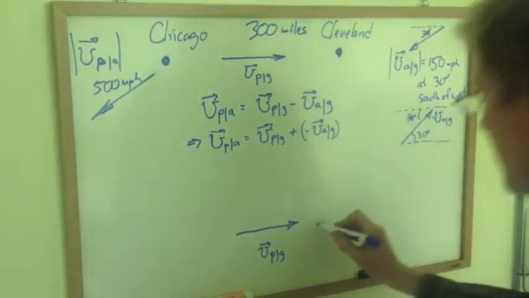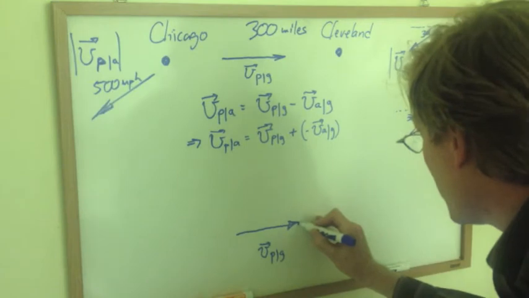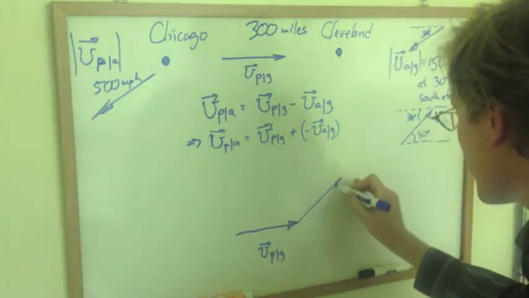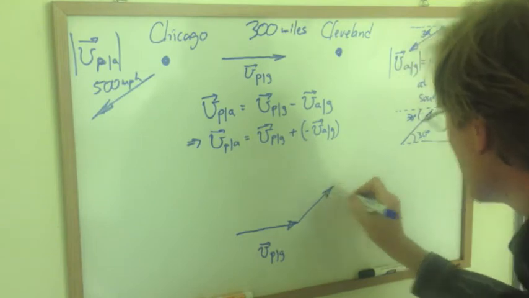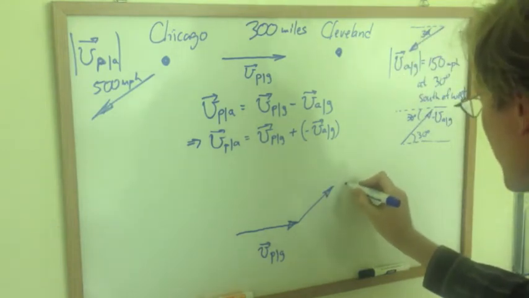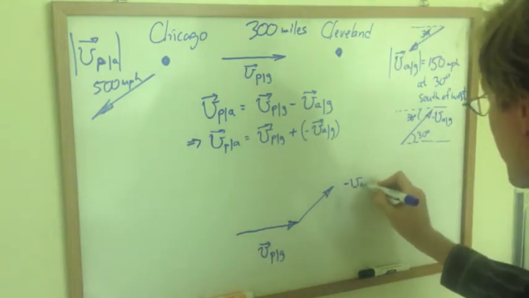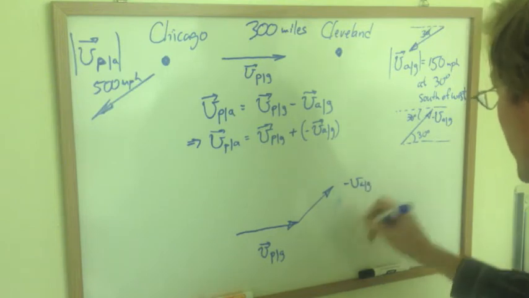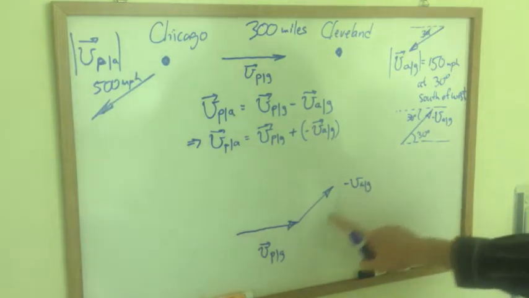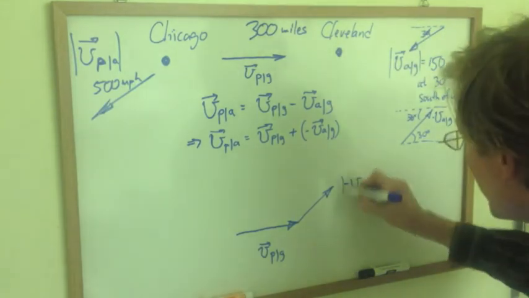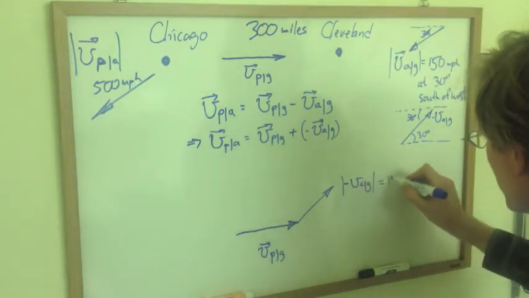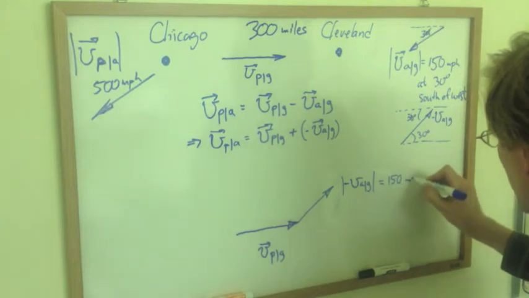Now this vector we know a lot about. It probably shouldn't be that long. This is the negative of the air over the ground. We know that the magnitude of this vector is equal to 150 miles per hour.